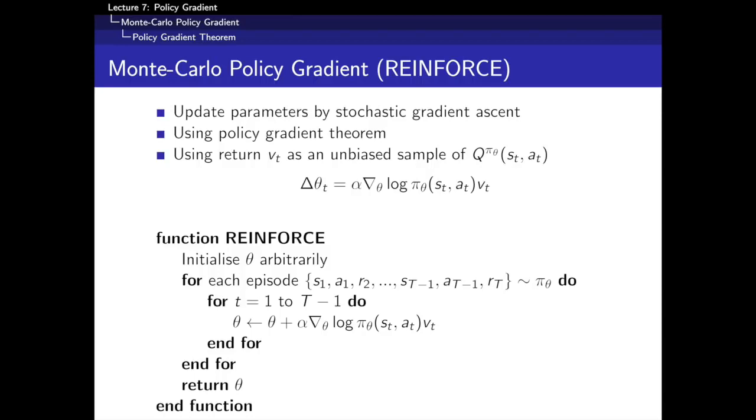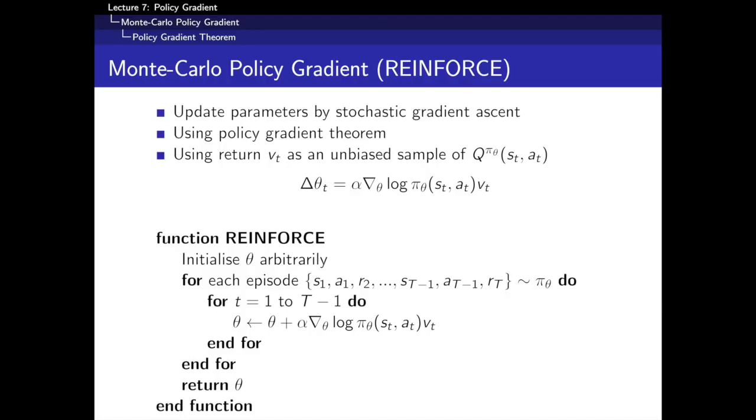And so what would that look like in an algorithm? Well, you'd start off, you pick some arbitrary parameters, you run your episode, and first of all, you run forward, you generate all of your rewards. This is like a forward view algorithm, so you have to go all the way to the end of the episode. At the end of that, you know what the return was from each of your steps now.